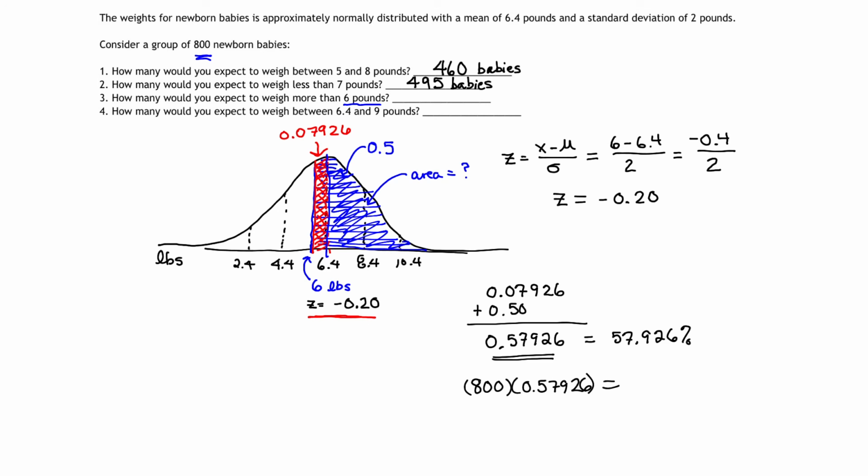And that gives me approximately 463.408. Of course, we can't take fractions of babies, so we're going to round that up, and we get 464 babies one would expect to have a weight greater than 6 pounds at birth from this group.